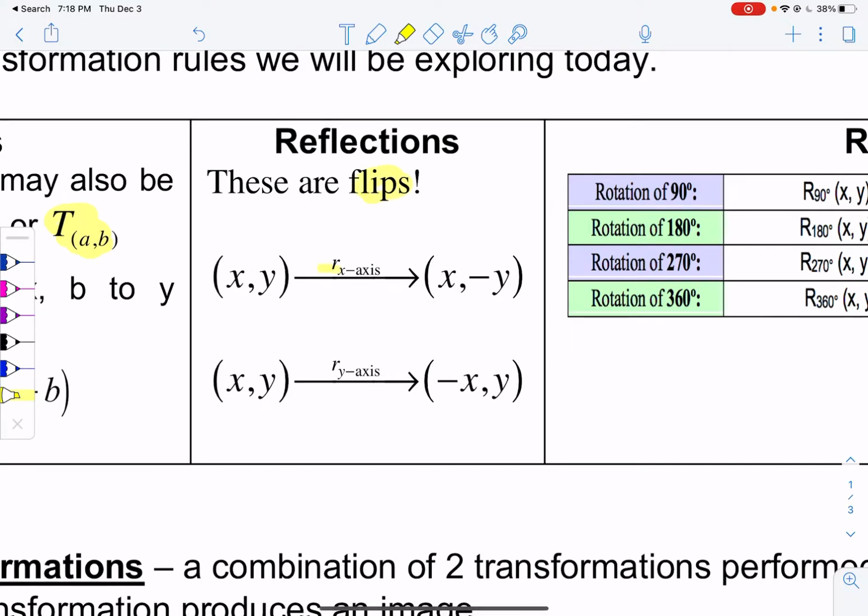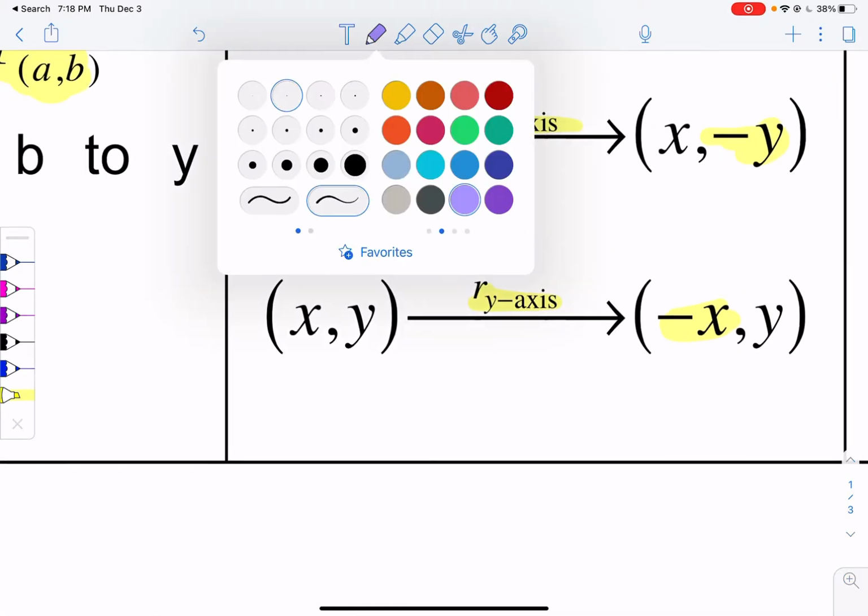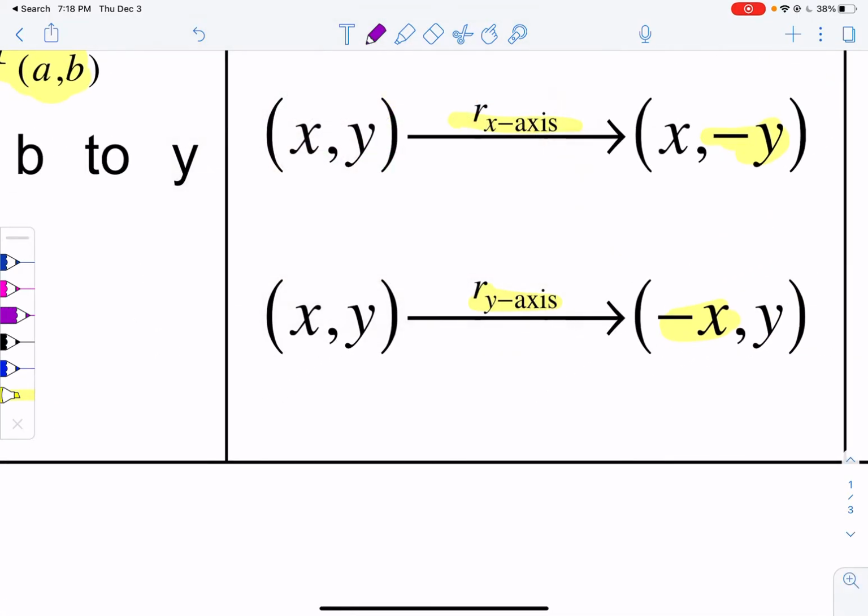When I reflect over the x-axis, I keep my x the same and I make my y opposite of what it actually is. When I reflect over the y-axis, I keep my y the same and I make my x opposite. There also are two other reflections I want you to know. I want you to know a reflection over the line y equals x.